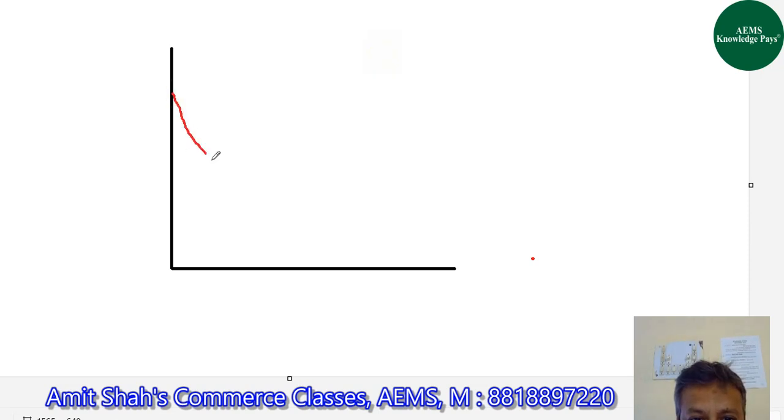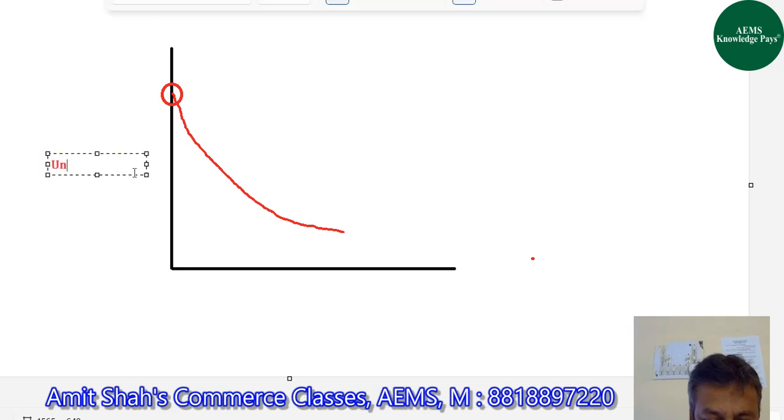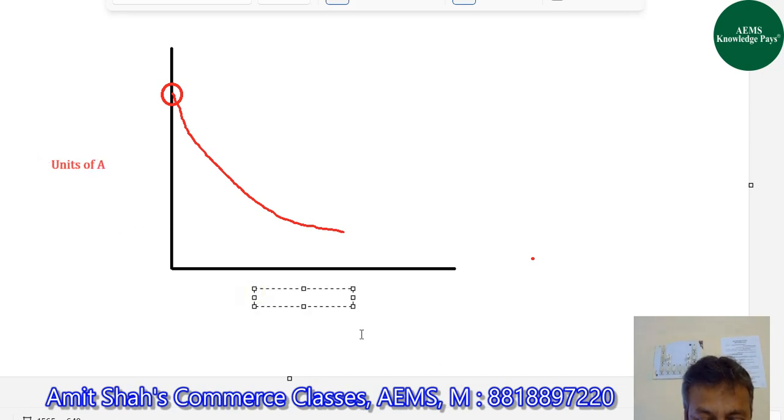Let's say, guys, this is an indifference curve. Now it is touching the y-axis here. On the x-axis we have units of commodity A, and on the y-axis let's say we have units of commodity B. So at the point where the indifference curve is touching the y-axis, we have some units of A but zero units of commodity B, right?